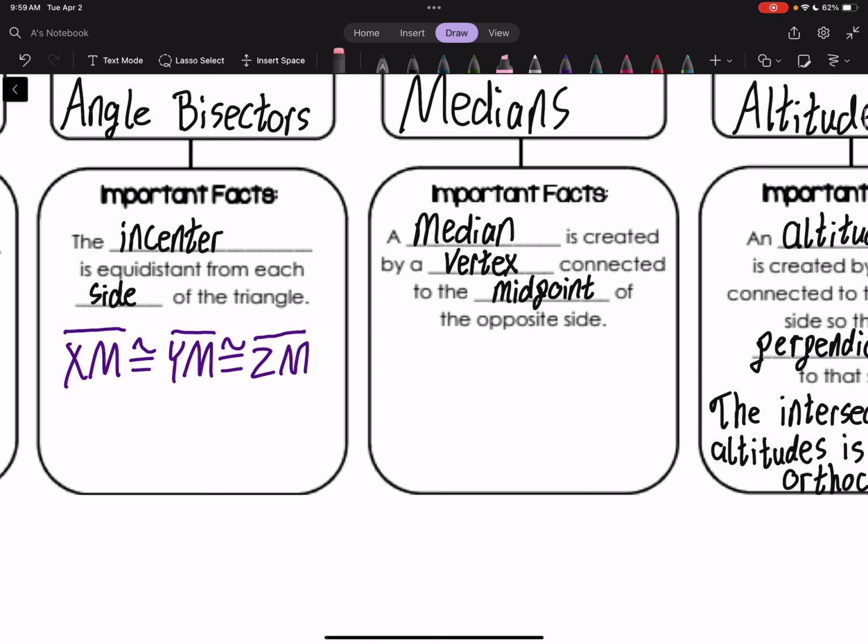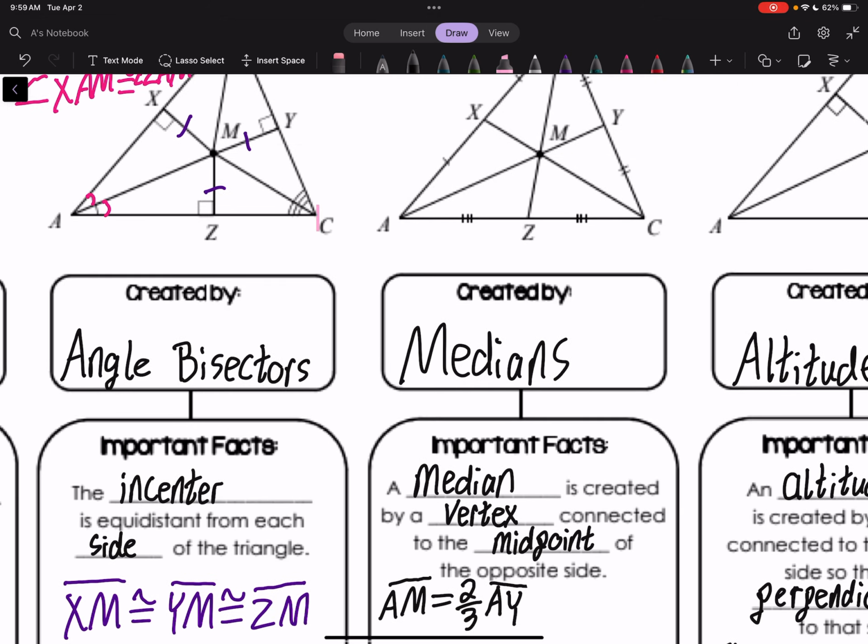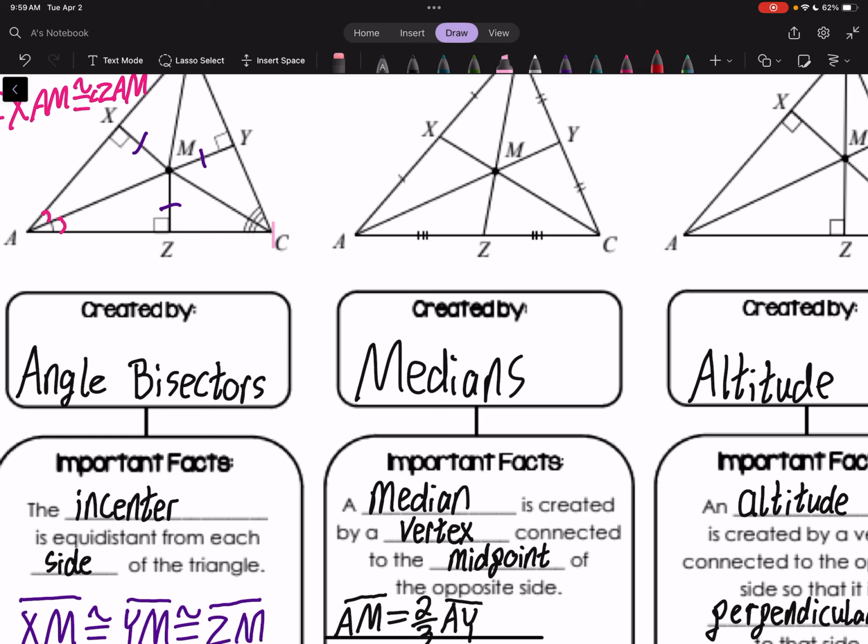There are three things that you have to know for this. If I take line segment AM, it is going to be equal to, not congruent, equal, because this is going to be an equation, 2/3 of my entire distance A to Y. So AM here is 2/3 of my entire distance.